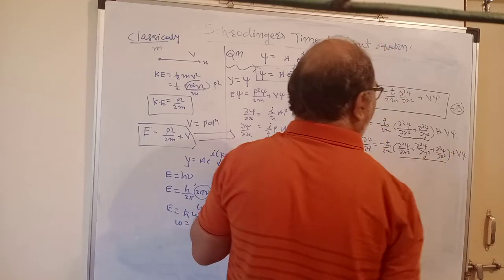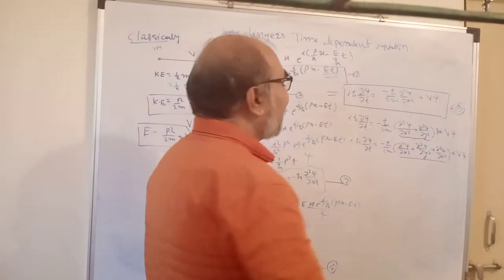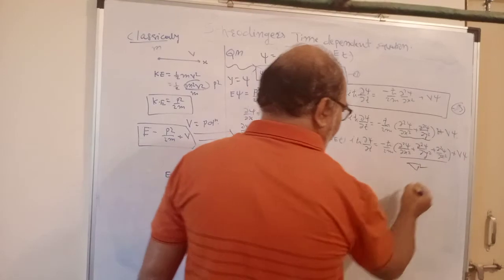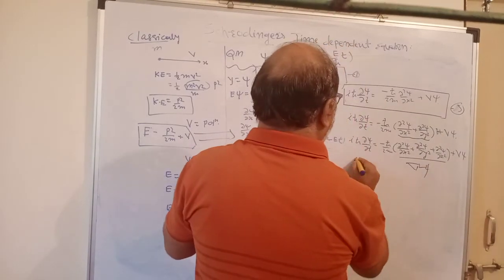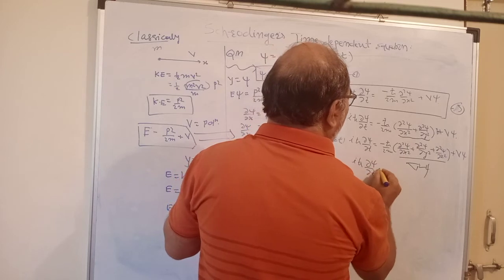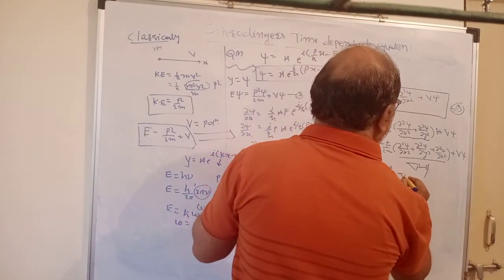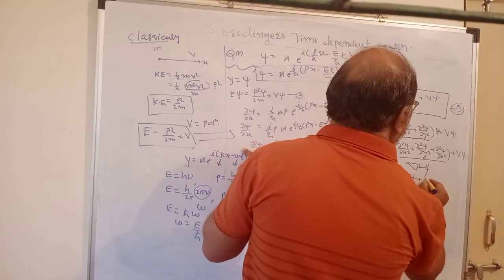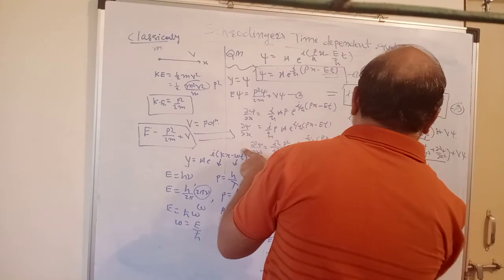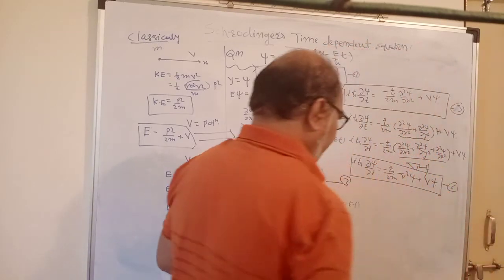What is this? This bracketed term is nothing but the del square. We know that. And therefore, iħ ∂ψ/∂t is equal to minus ħ²/2m ∇²ψ plus Vψ. So this is the three-dimensional Schrödinger's equation, say equation 6.